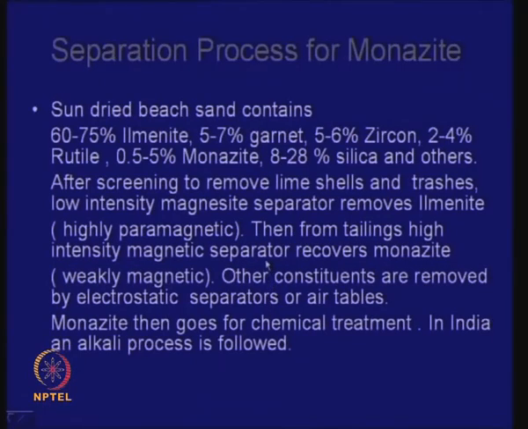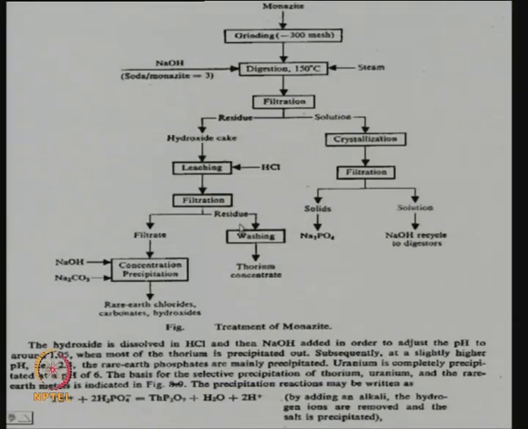In India, the monazite concentrate is processed through the alkali leaching route. Here the peculiarity is, by leaching we do not take out thorium in the solution; rather we produce an insoluble cake which would have the thorium.